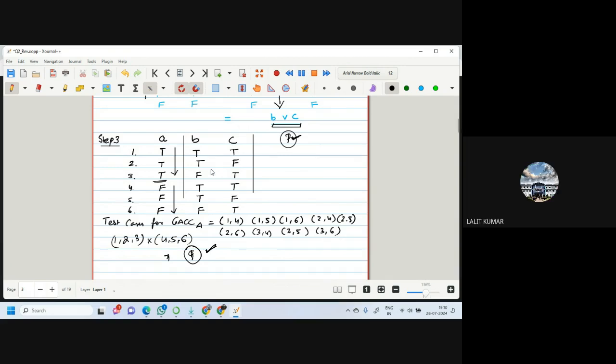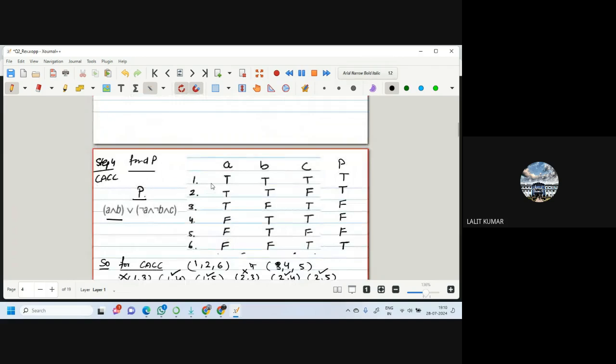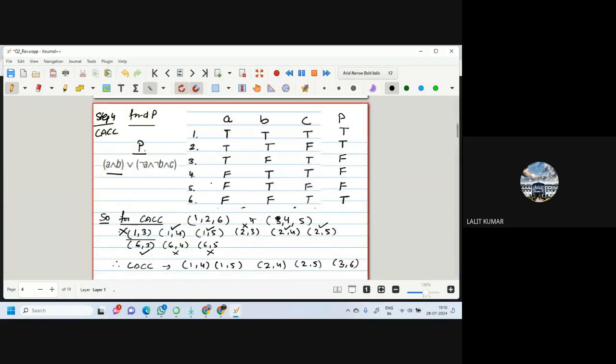Yes, yes. So now to obtain the CACC, we take the GACC conditions and now we calculate the predicate value for these conditions.